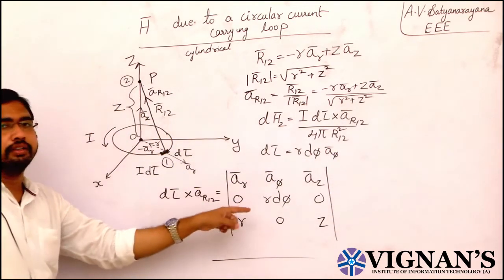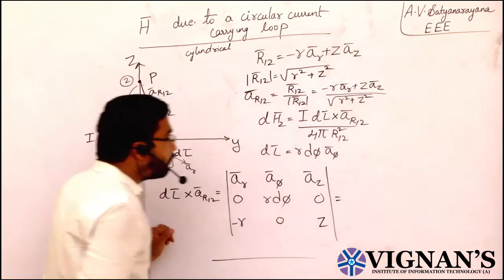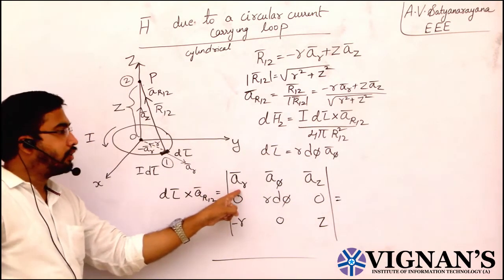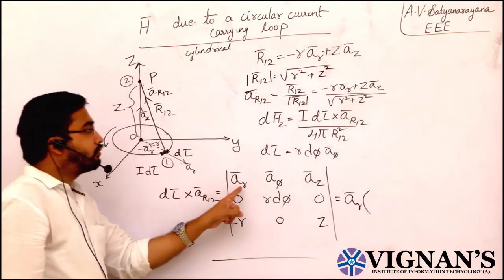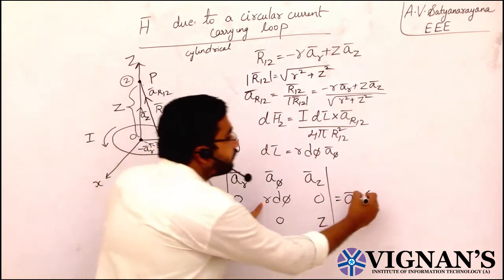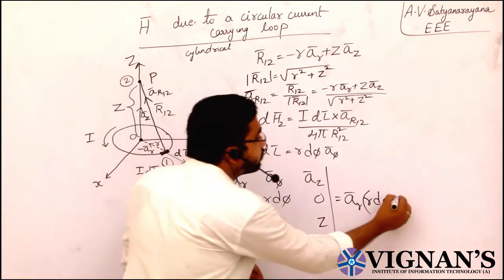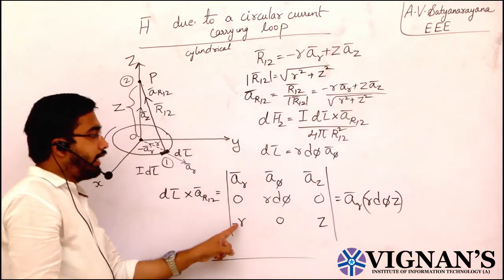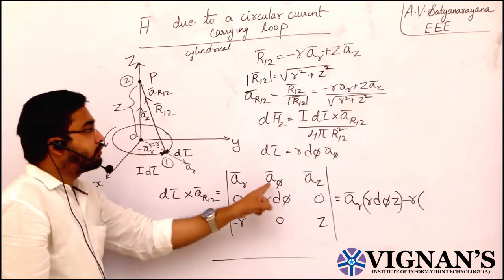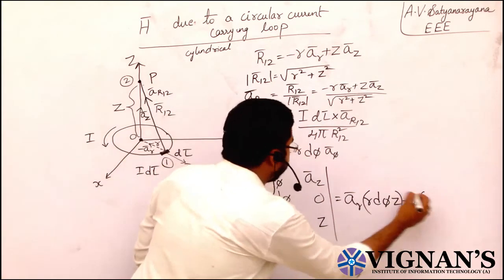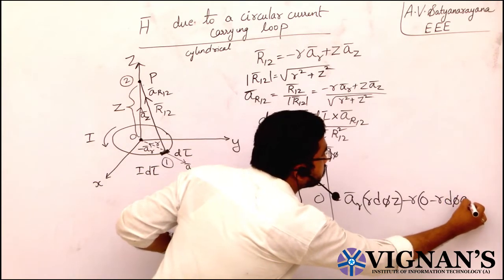So first find the determinant value for this matrix. Now, if you consider the determinant value, ar bar into r d phi into z minus 0. Next this is 0, and minus r into 0 minus r d phi into az.